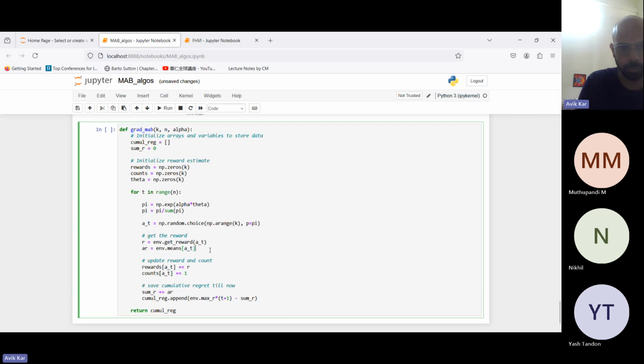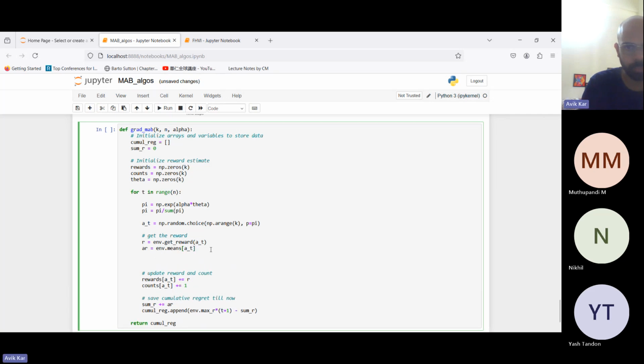So let us update theta here after we get this R. So theta equals theta plus something.